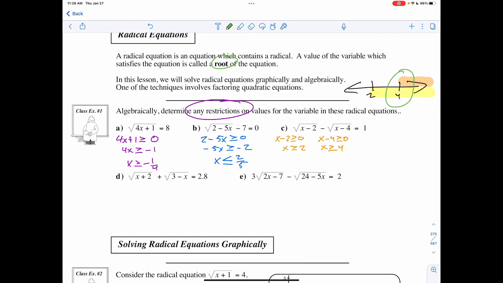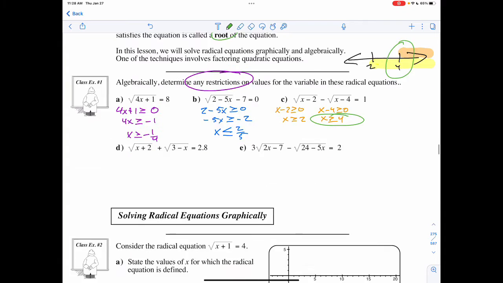So that's going to be my restriction. My restriction is where it's going to account for both possibilities. And it has to work for both, otherwise it just doesn't mathematically work.